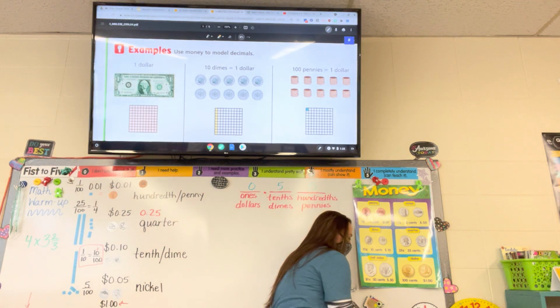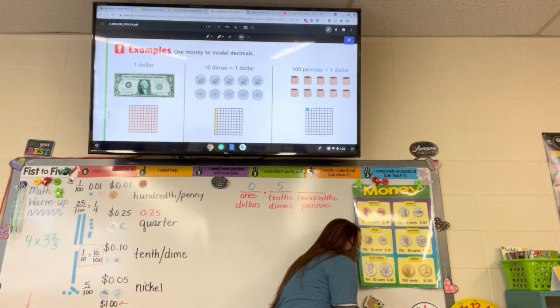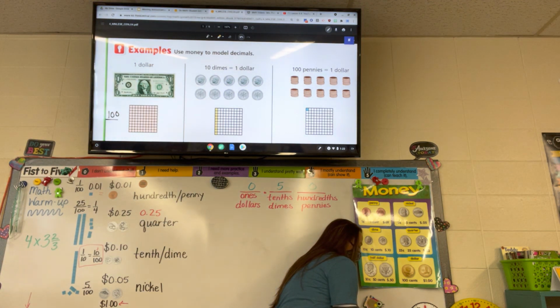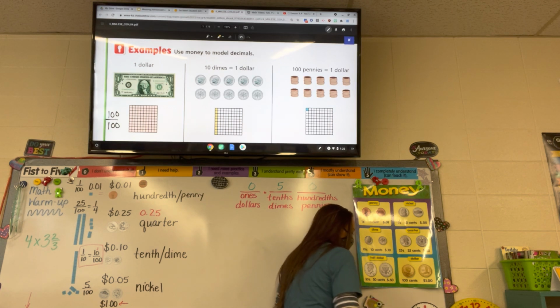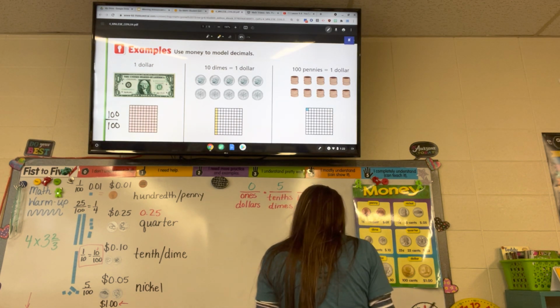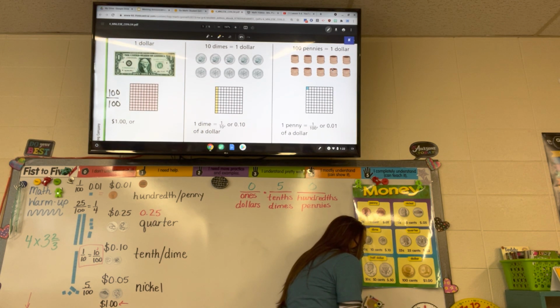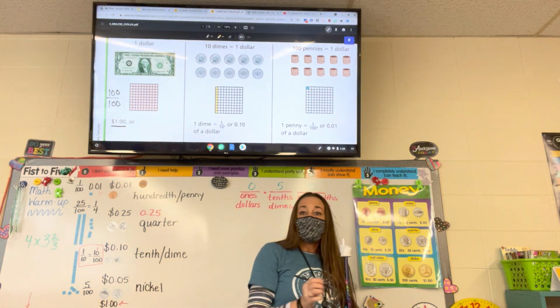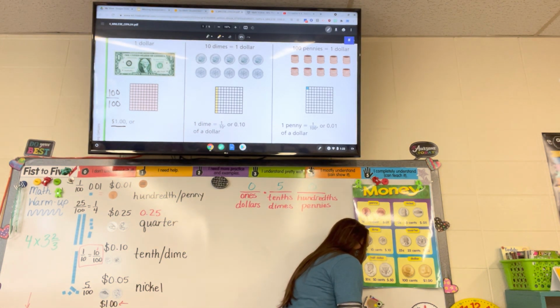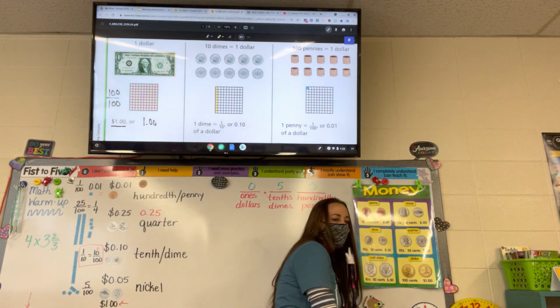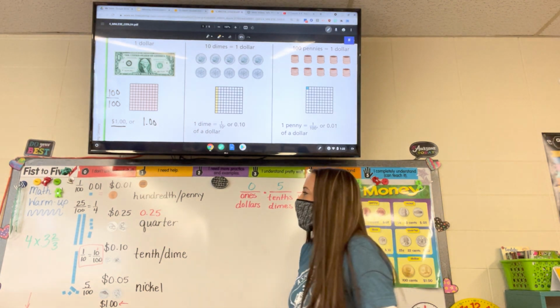Did you guys know that if the numerator and denominator are the same, that equals 1 whole, right? So 100 over 100. To write it as a money amount would be like this. To write it as just a decimal would be like this. Those are the three things that we are doing today.